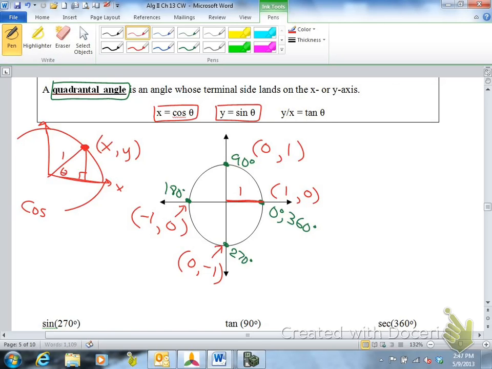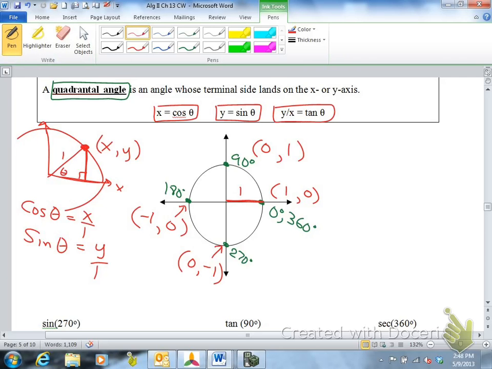So cosine theta equals x over 1. So cosine is the same as the x coordinate on the unit circle. If you did this side, opposite over hypotenuse, that would be sine theta equals y over 1. So sine corresponds to the y coordinate. And similarly, y over x is tangent.